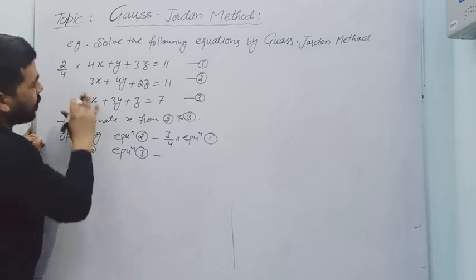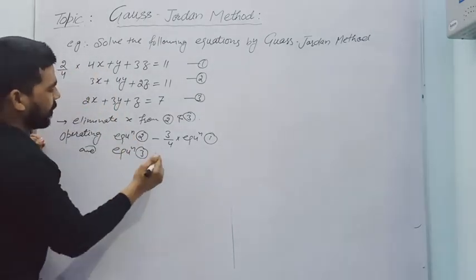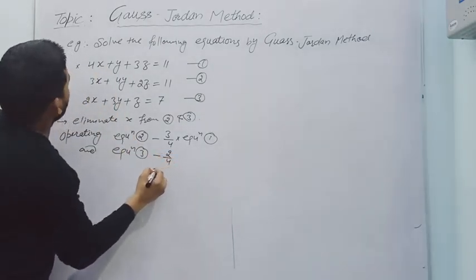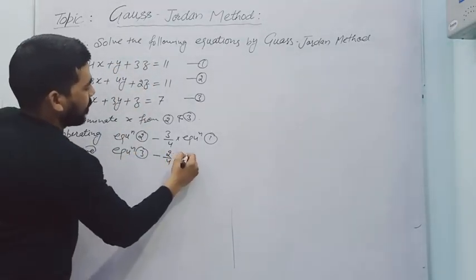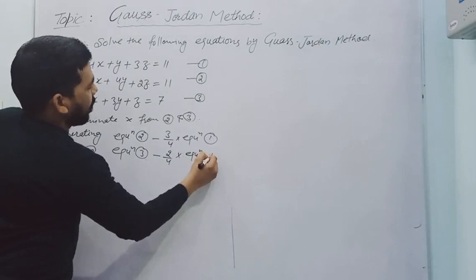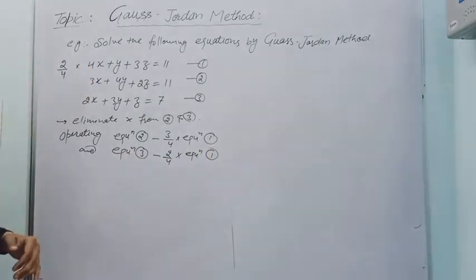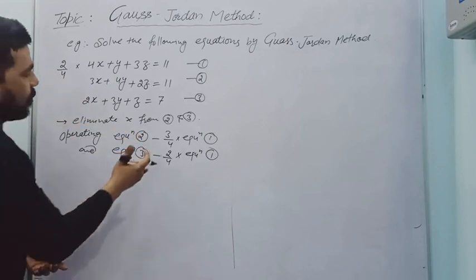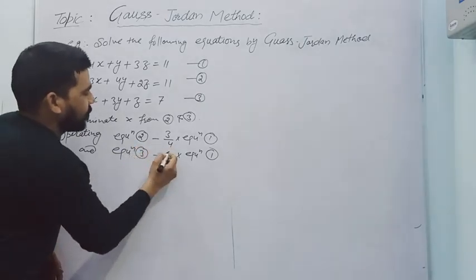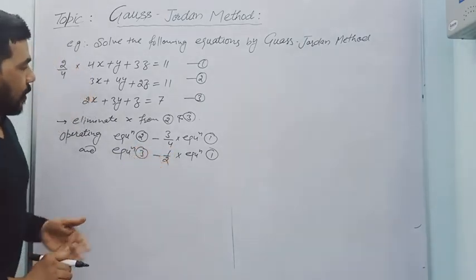So multiplying the equation by 2/4 and equation number 1 and subtract from the equation number 3. 2/4 means 1/2, you can say 1/2 also. Okay, then doing the operation.